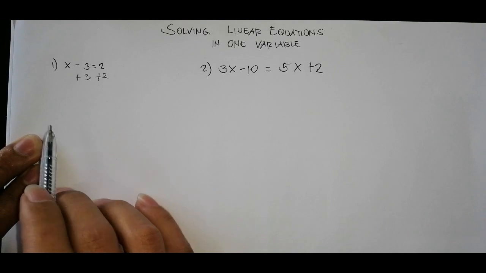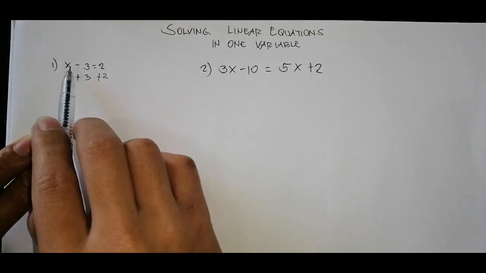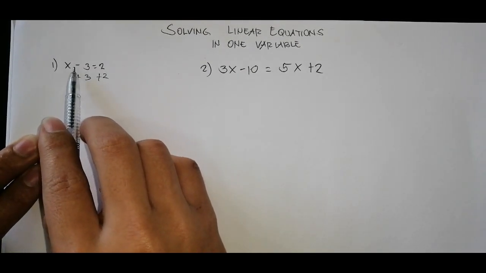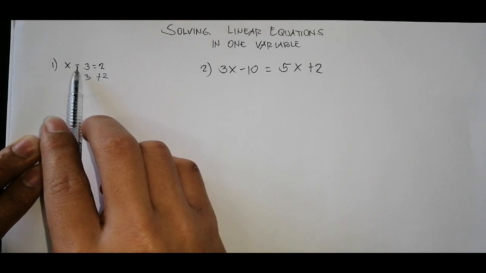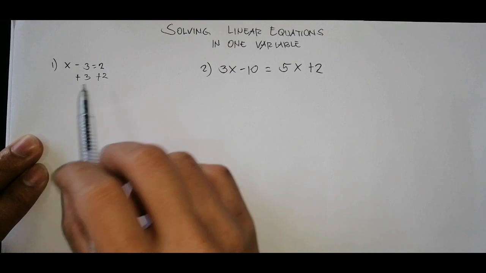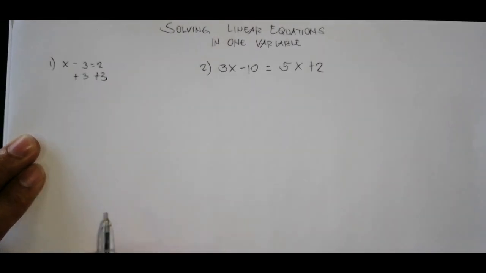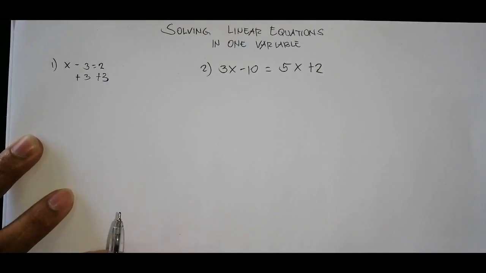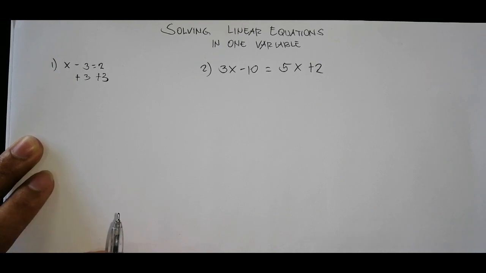By the way, this side is called the left side of the equation, or left-hand side, and then we have here the right side of the equation. So we add 3 on both sides for us to isolate the variable.